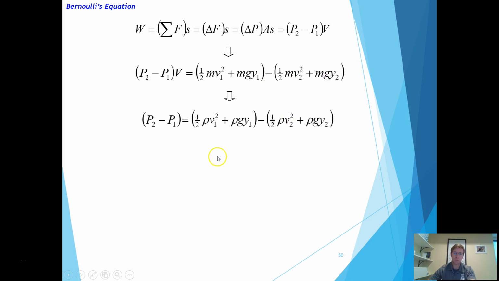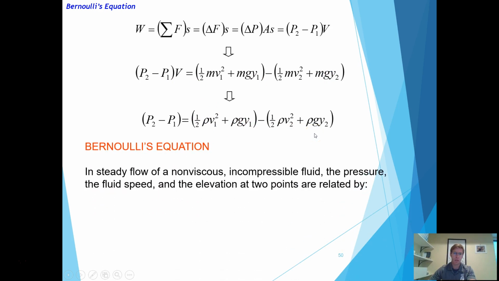And so continuing to move on, let's get rid of this volume because we don't want to have to worry about the volume of water. So if we divide through by volume, it gets rid of the volume, and then we have mass over volume in each of these terms. Mass over volume is just density of your fluid. And what we get is what's known as Bernoulli's equation, which is really just conservation of energy 3.0. It's our third conception of conservation of energy.